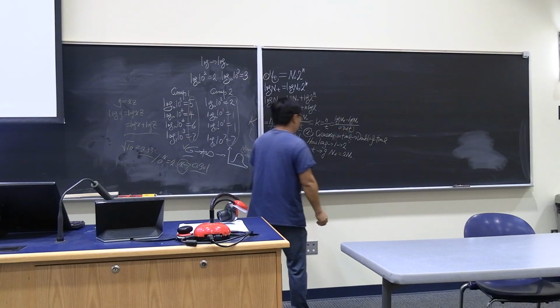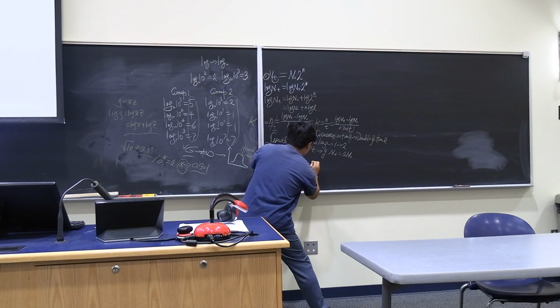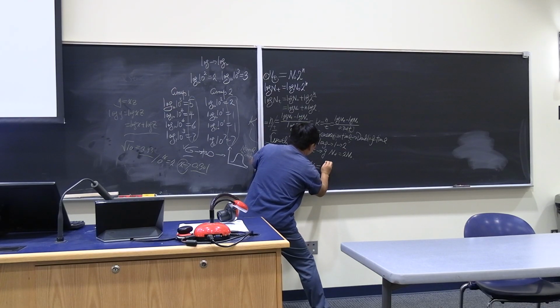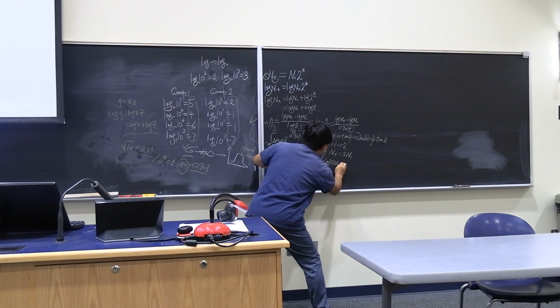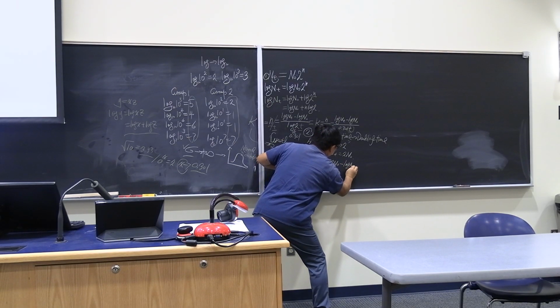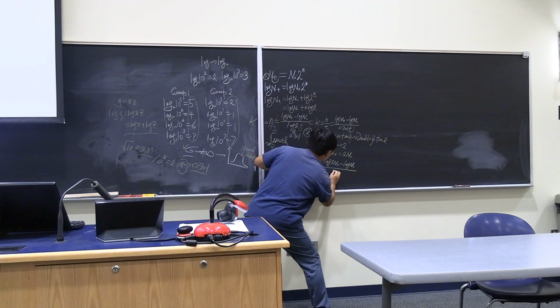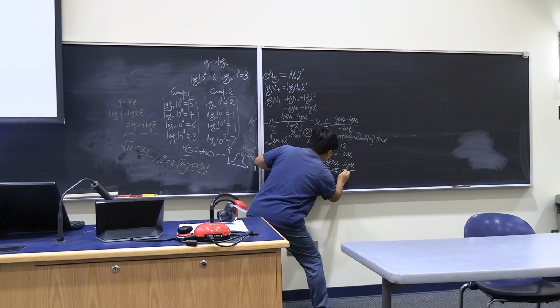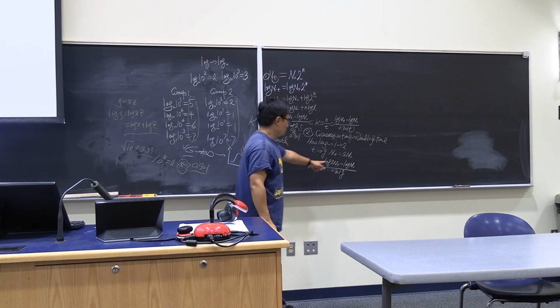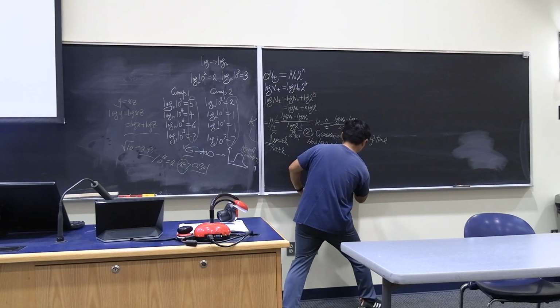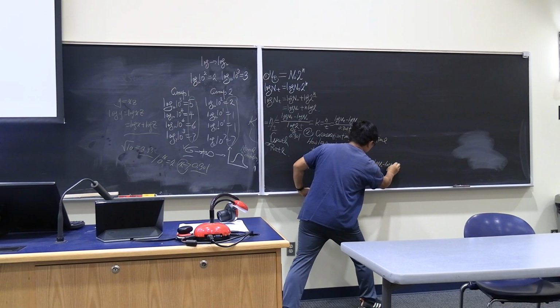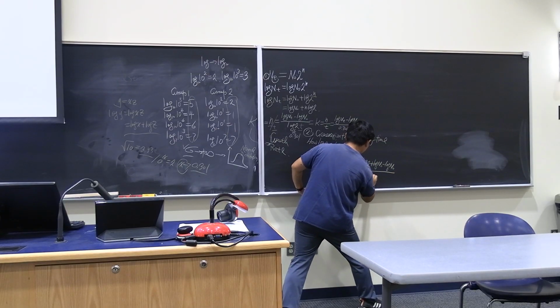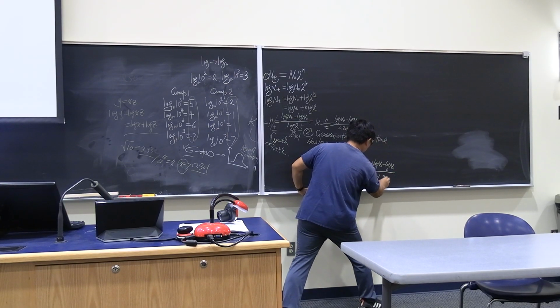So if you change this formula, what does it become? k equals log 2 n0 minus log n0, divided by 0.301 g. And you know this comes out as log 2 n0 minus log n0, which becomes log 2, so it becomes 1 over g.